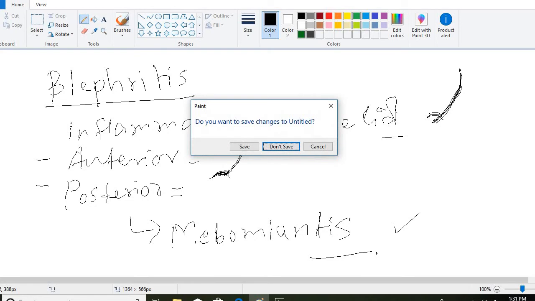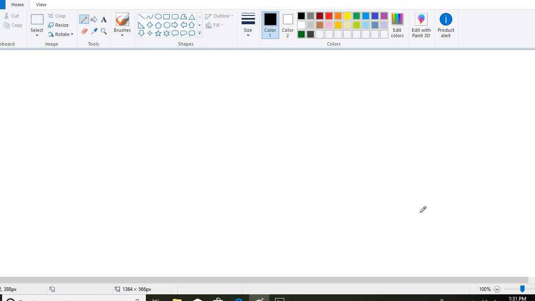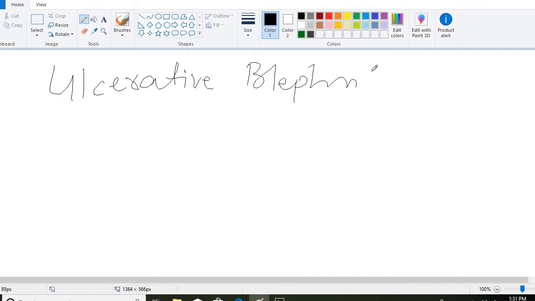Another type is ulcerative blepharitis. It is blepharitis in which there is acute or chronic infection of the lash follicles associated with the glands of Zeis and glands of Moll.